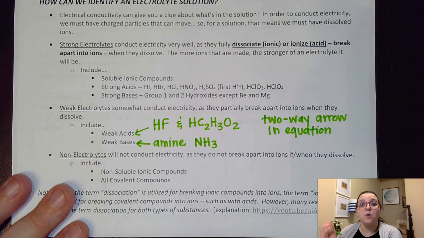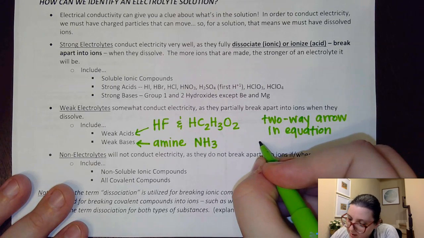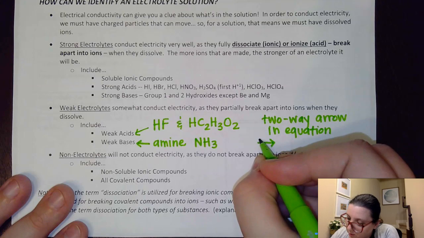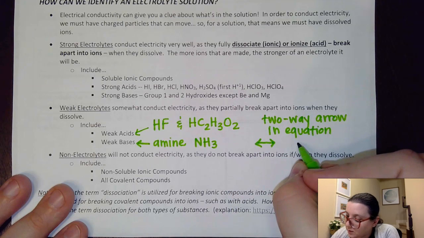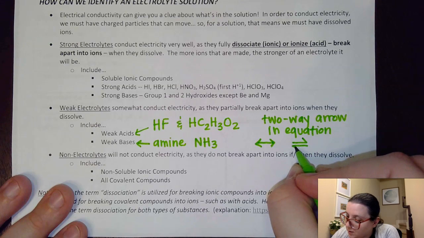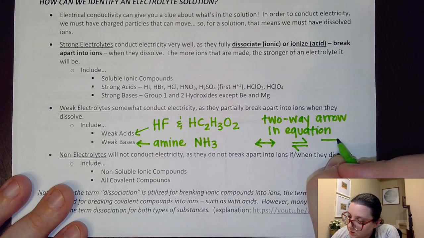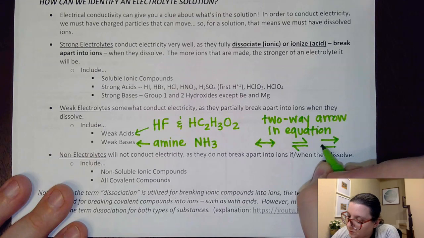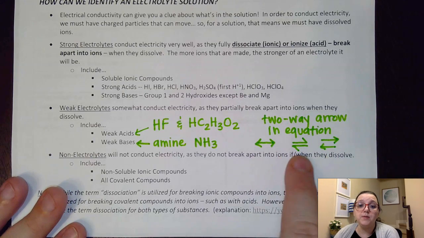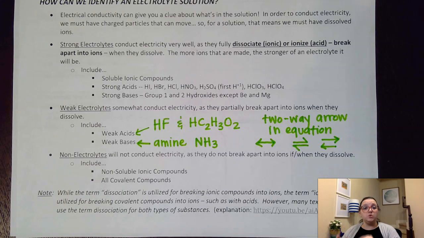So instead of that one-way arrow, I would use a single line with arrows on either side. Or, if I want to get fancy, a half arrow one way and a half arrow the other way. Some textbooks will just put a full arrow one way and a full arrow the other way. I would pick one of these two-way arrows versus the one-way arrows we saw up above.